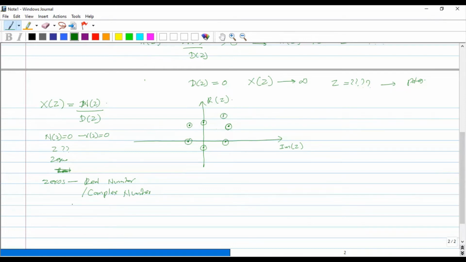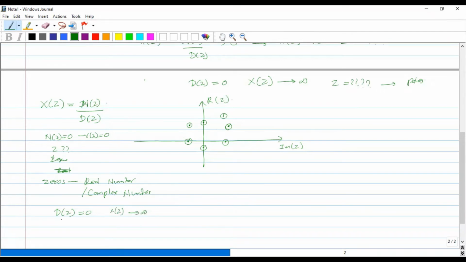And in the same way, if we equate this denominator, D(z), to 0, then X(z) will become infinity.